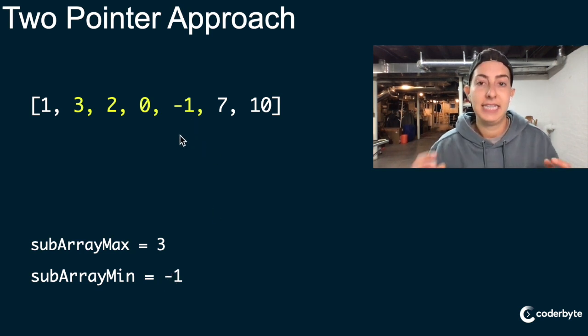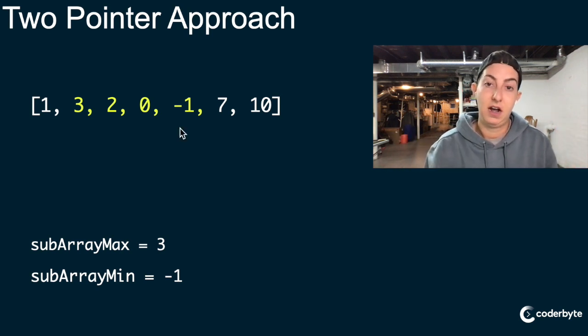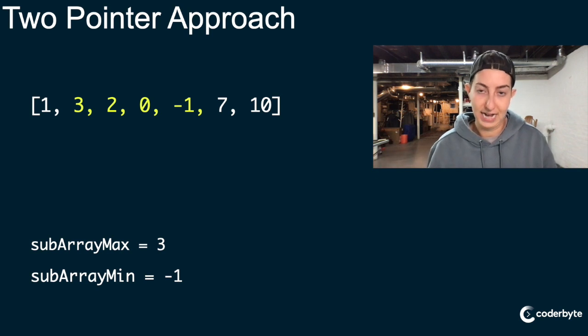And we can extend the window from each side to include any elements that are on the left side of the array greater than the subarray min, right? Because that means that we still need to include them in the sort to make a fully sorted array. And then we can extend our window to the right to include any elements that are less than, wait a minute, hold on. This is one of those confusing things.